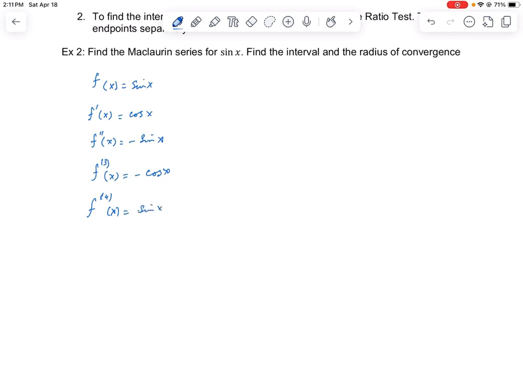So notice here, now this is the same as the first derivative. So these will start repeating.